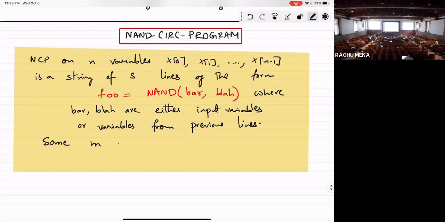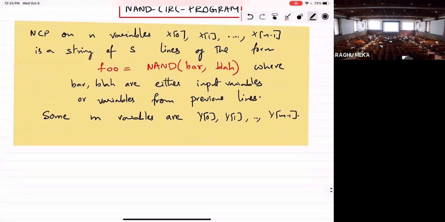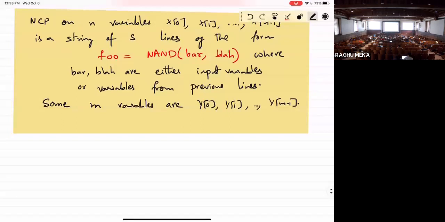Some m variables are y0, y1, all the way up to ym minus 1. So at some point you have m variables which are actually named y0, y1 up to ym minus 1.